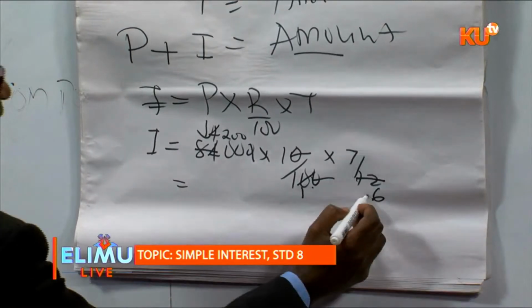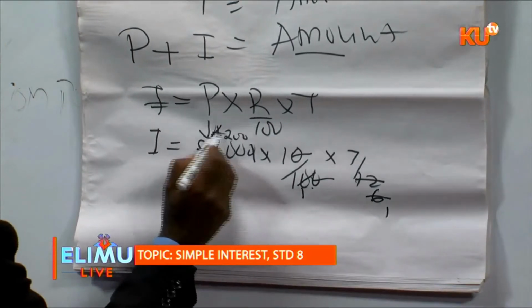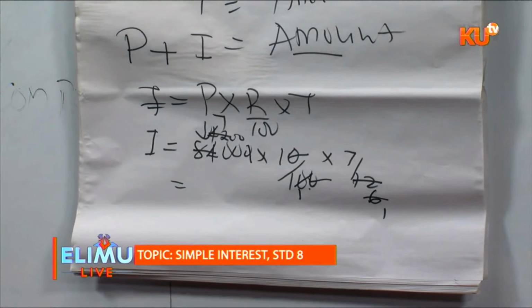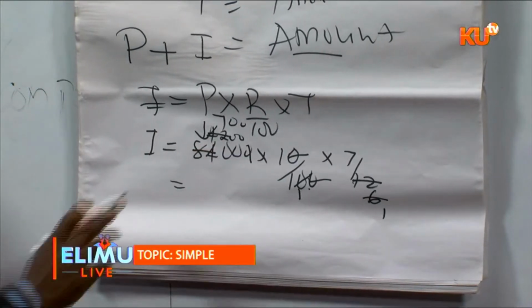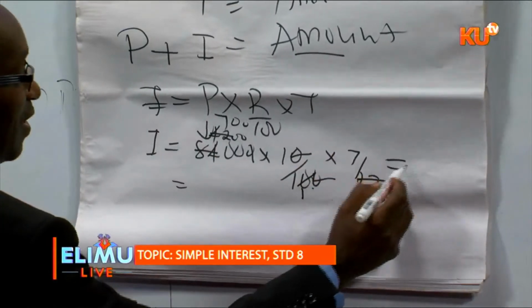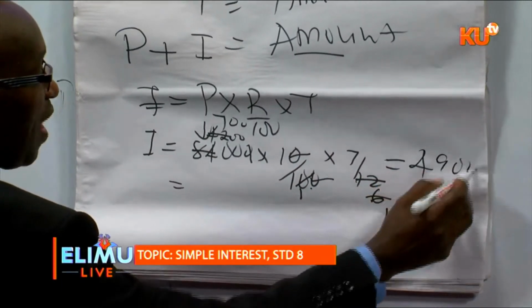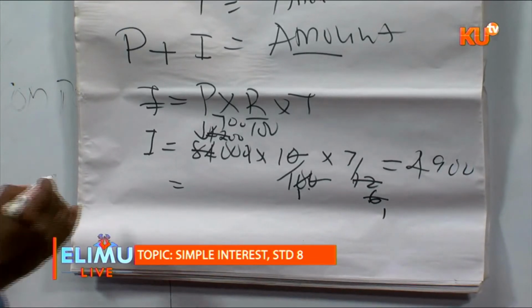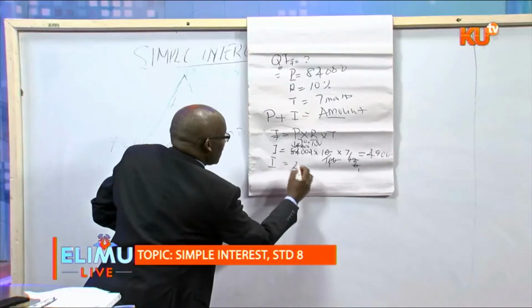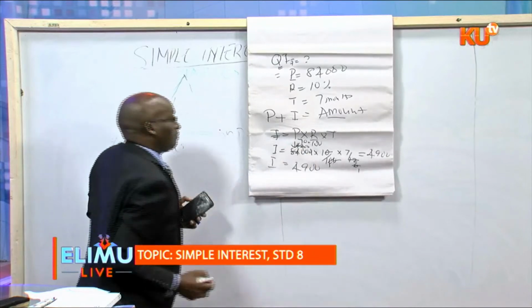Divide by 6, 1, 6, 7. So if you multiply, it's 700 there. 700 by 7 will give you 4,900. So 4,900 becomes the interest.